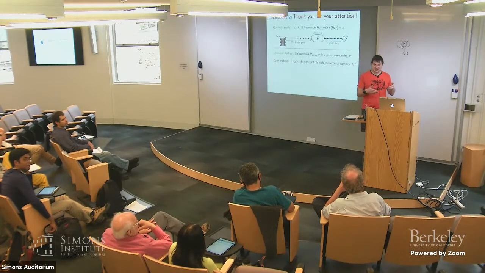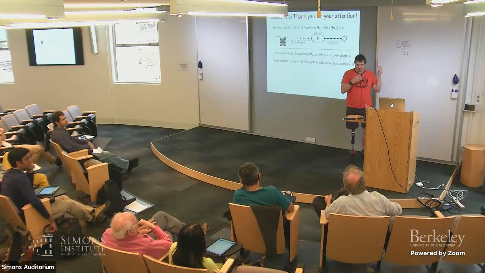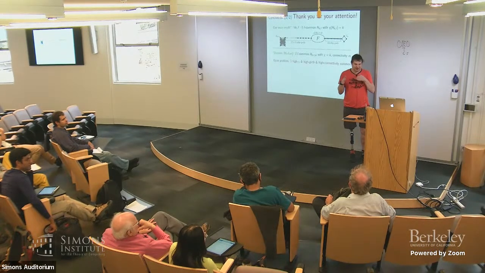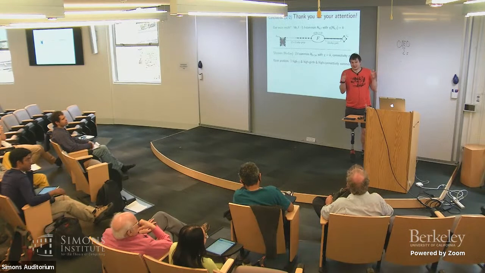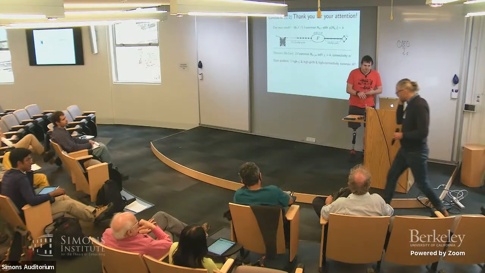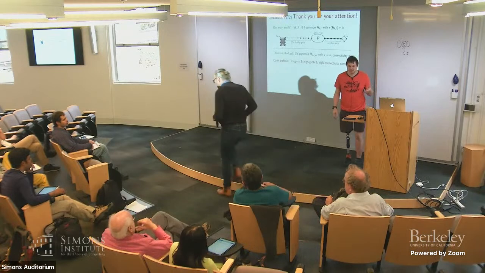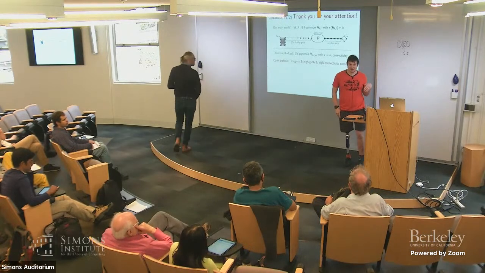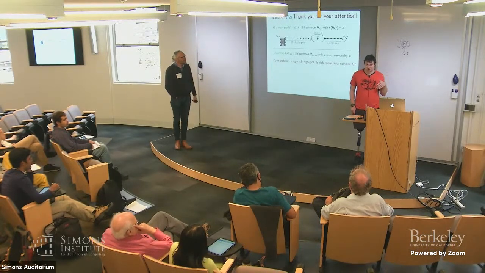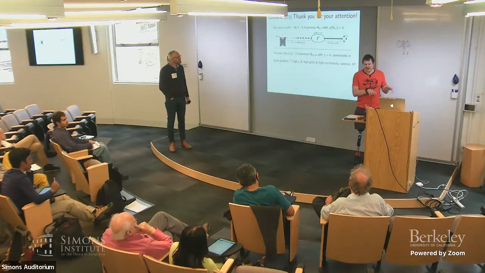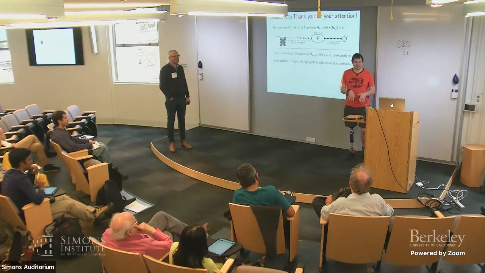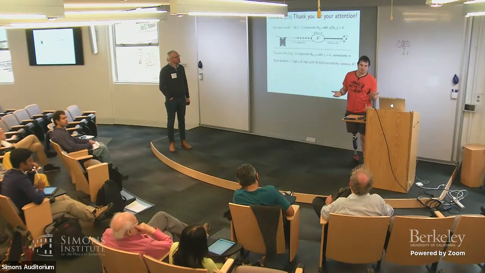And flag algebras are a particular translation of proving graph density inequalities into finding a sum of squares witnessing it. Since semidefinite programming can be solved using computers, I'm hiding some technical stuff under the rug, but you can use a computer to help you find your sum of squares.